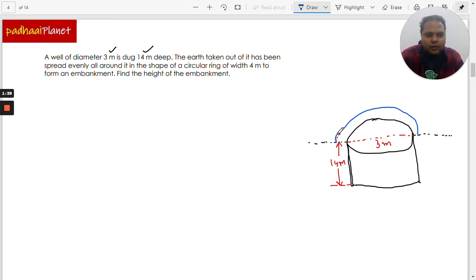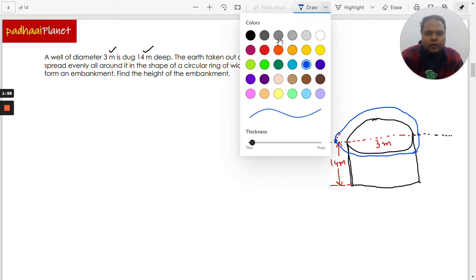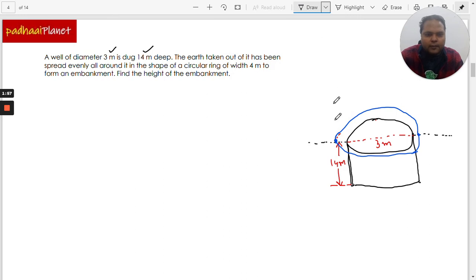So this is the ring, which is being made around the well in a circular form, and the width from this point till this point, the width of the ring, we will just mark it here separately. So that's the width and that's the diameter.